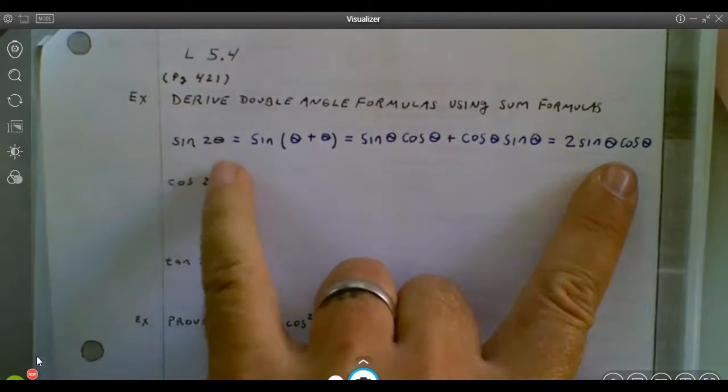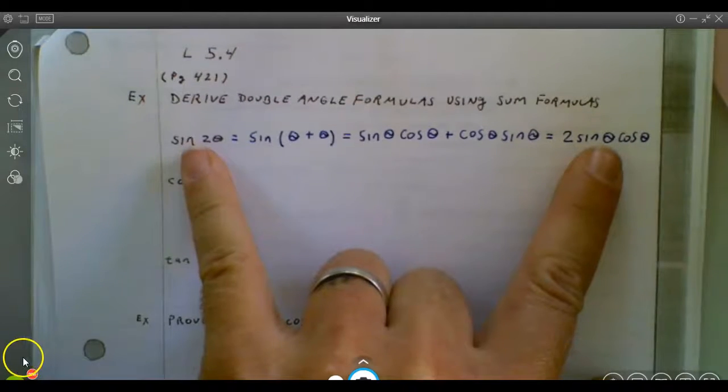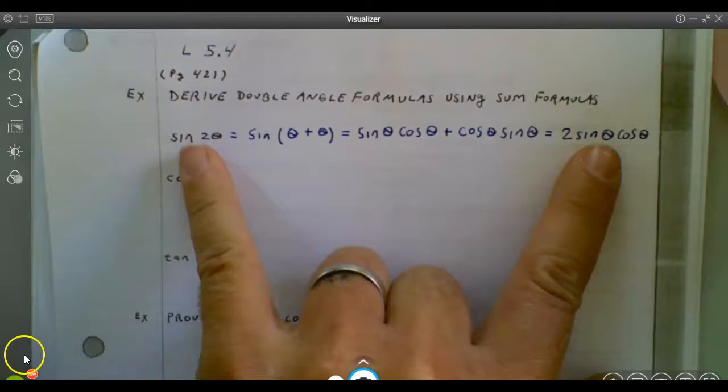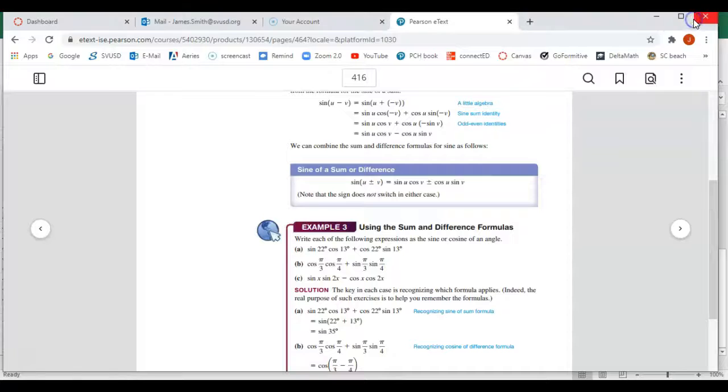Again, I could just memorize that the sine of 2 theta is 2 sine cosine, or I can just understand how to get it by deriving it from the sine sum formula. Let me take you to this page real quick on 421 so you can see some of this.